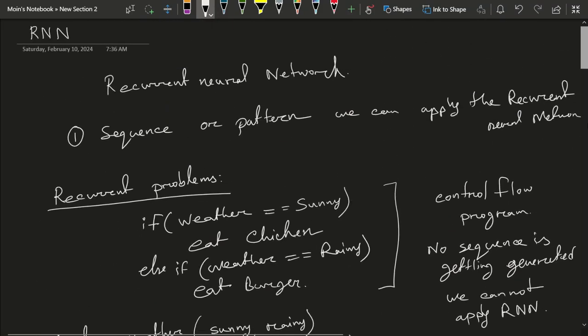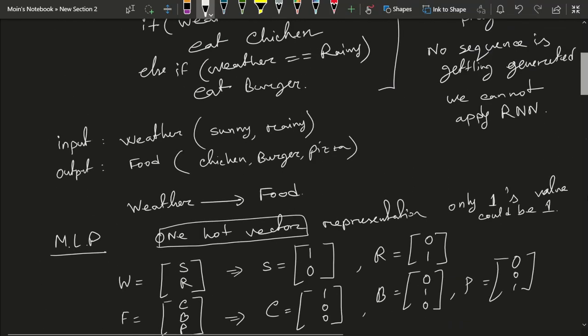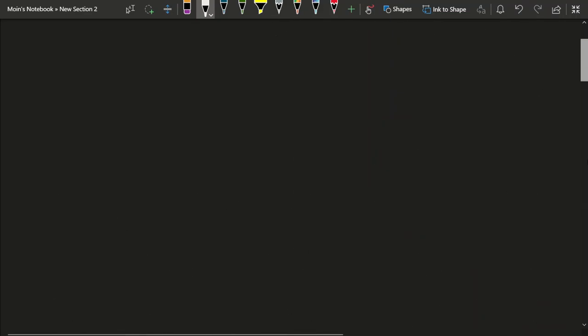So in the RNN architecture, you can have a look at this architecture, which shows some sequence from xt to yt being generated.